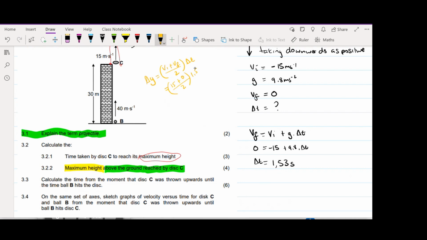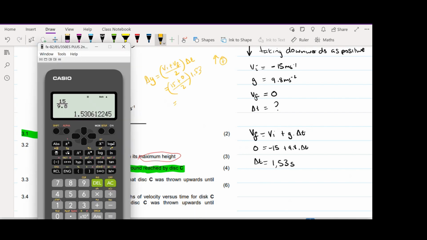Here, remember, I'm not using acceleration, so I'm just taking upwards as positive, and whatever answer I get here will be an upward motion. Since we still have the 1.53 on our calculator, we can just multiply it by 15 over 2.